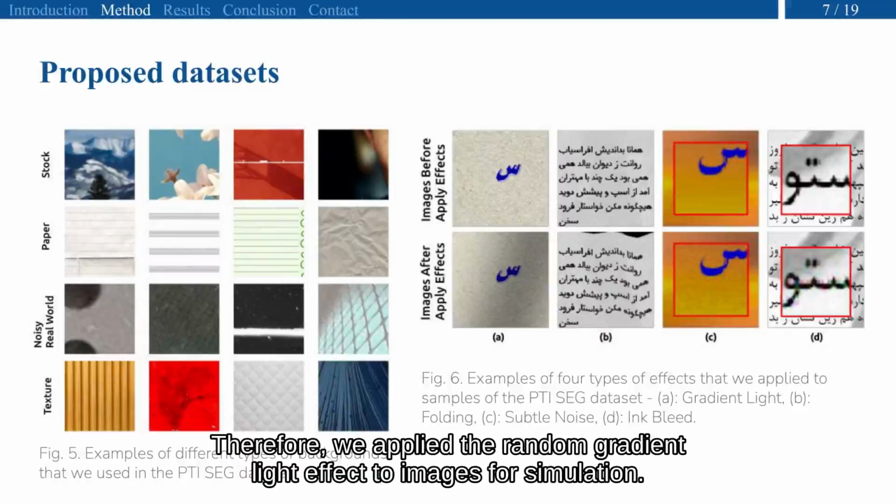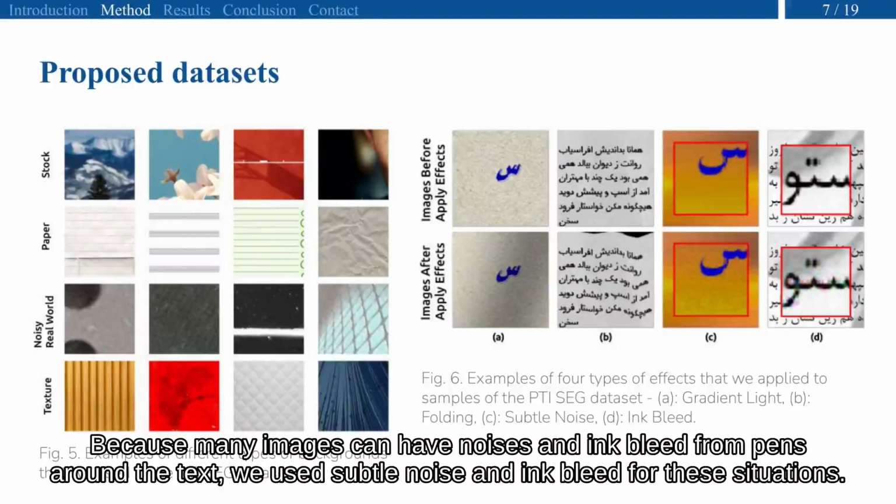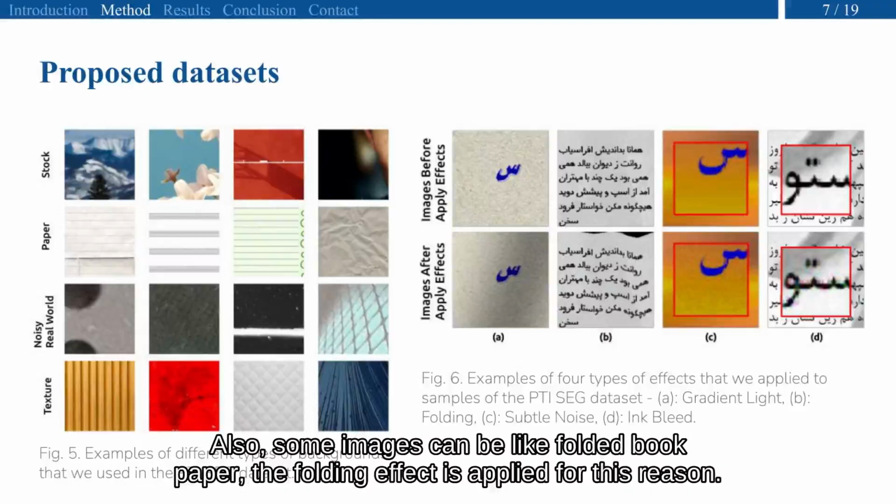Therefore, we applied the random gradient light effect to images for simulation. Because many images can have noise and ink bled from a pen around the text, we used subtle noise and ink bleed for these situations. Also, some images can be like folded book paper. The folding effect is applied for this reason.